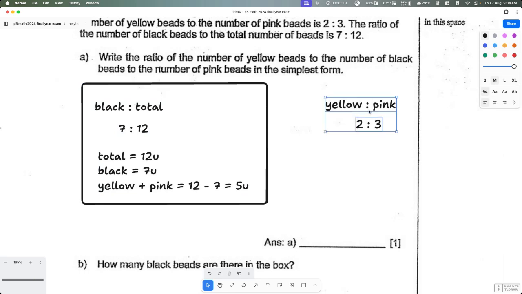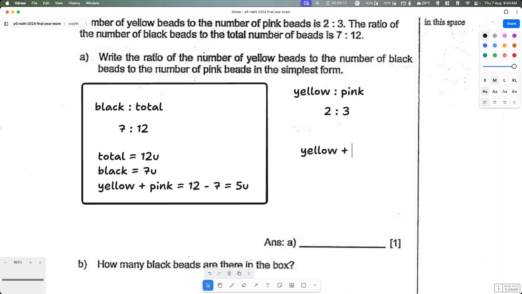So yellow and pink: yellow plus pink is equal to 2 is to 3, so 2 plus 3 equal to 5 units. Okay, so now in this case, that means no need to convert.